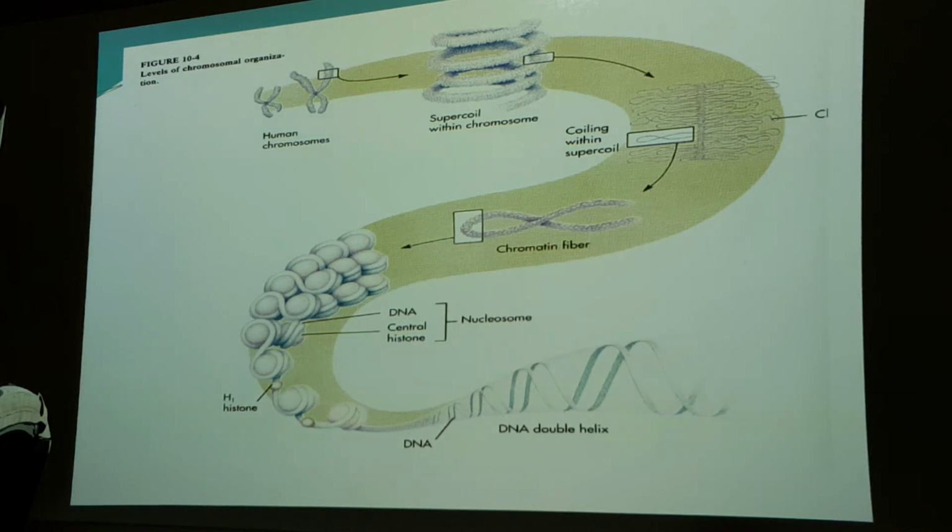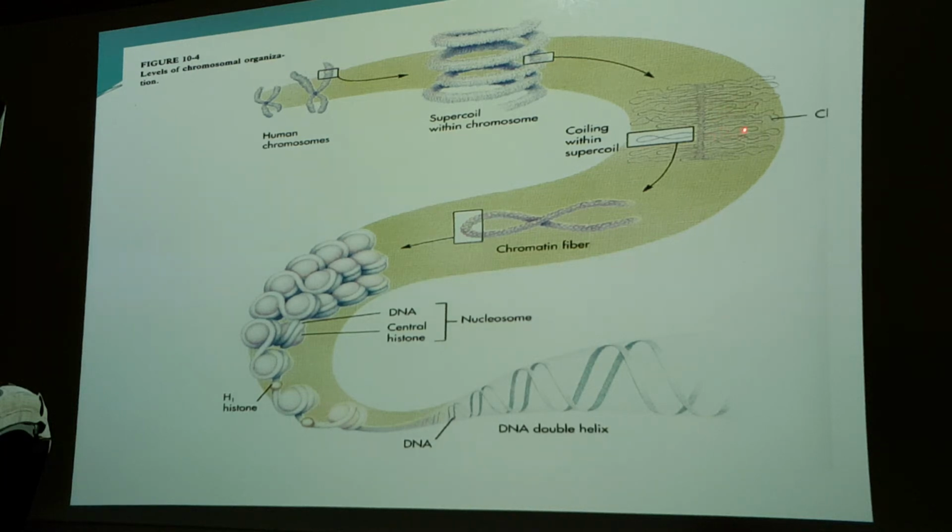Okay, so if you look at the hierarchy of structure in a chromosome, here is what they look like if you're standing far away, but if you look closer, you'll see that it's actually a big coil, okay? And if you look within one of those coils, it will look like this, okay?